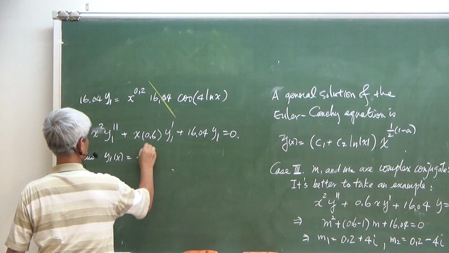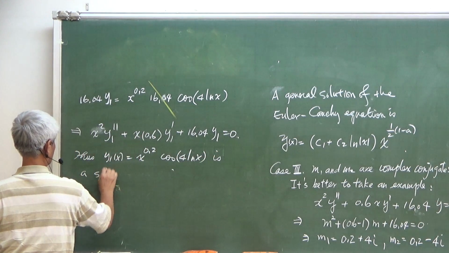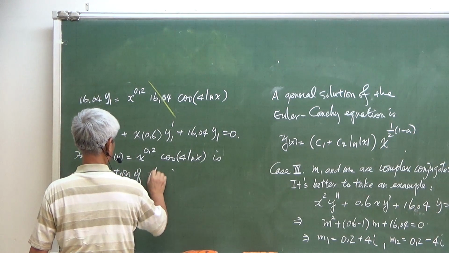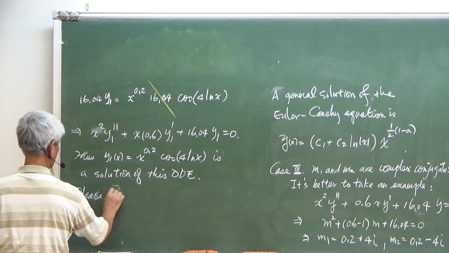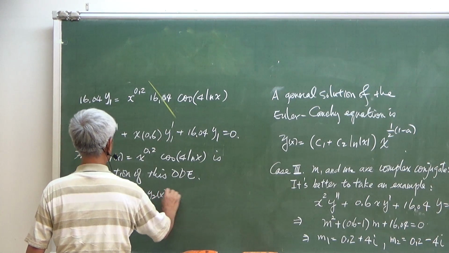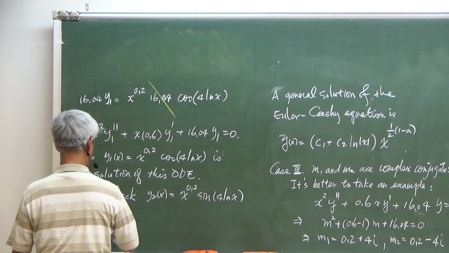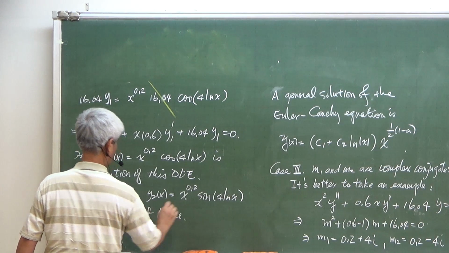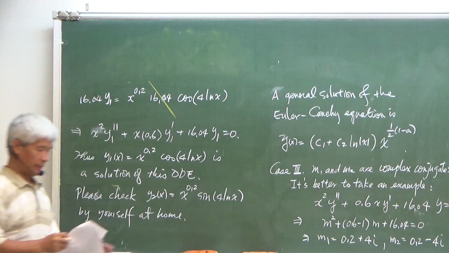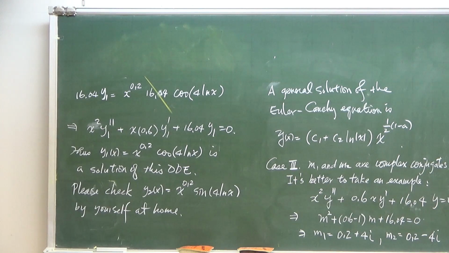Okay, so we checked y1(x). Now, first check y2(x). Basically we solve the Euler-Cauchy equation.